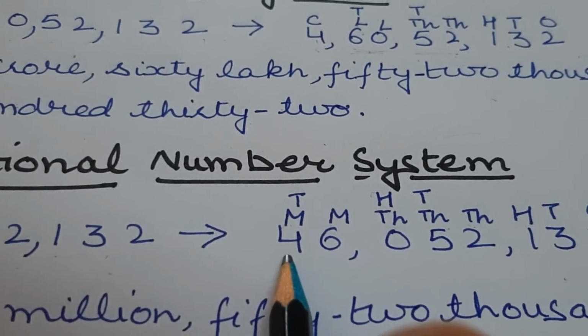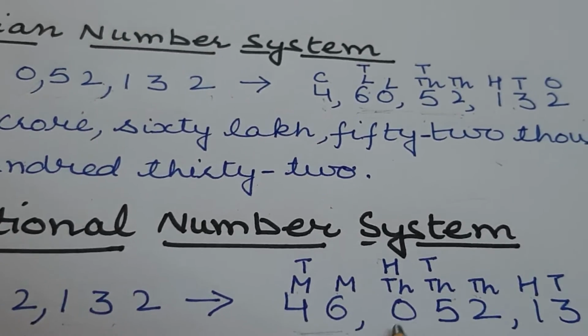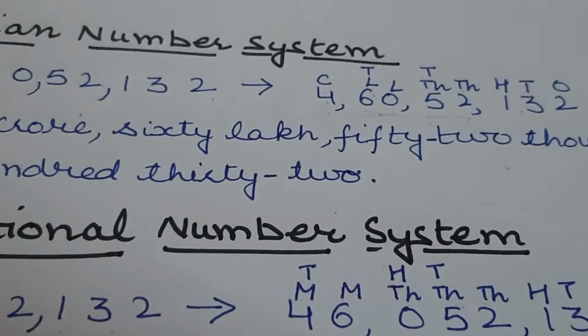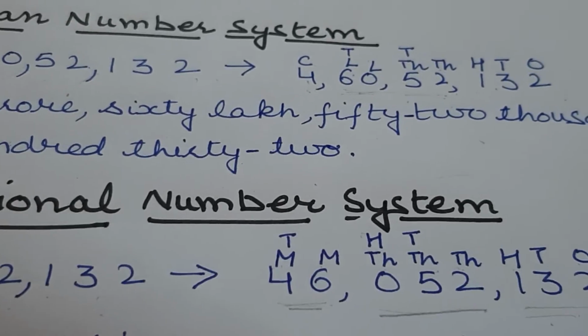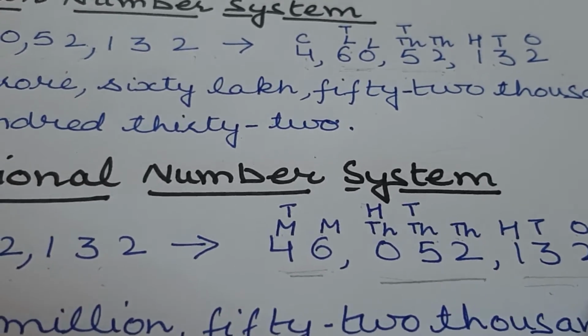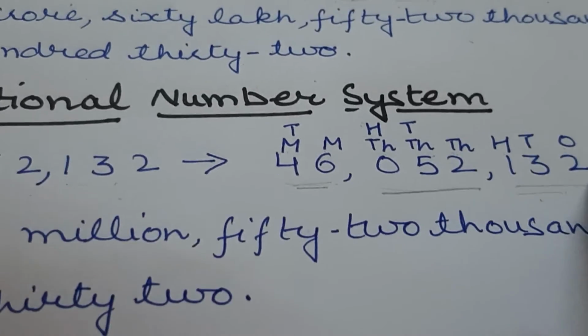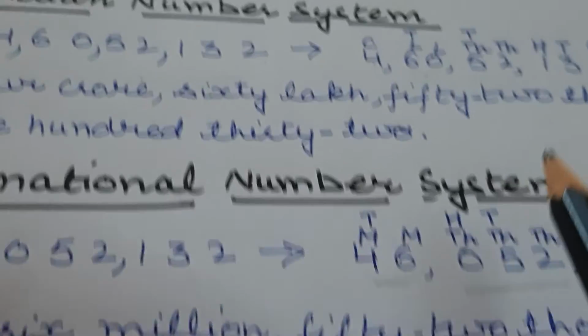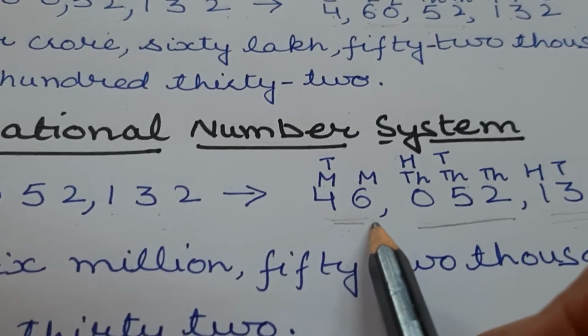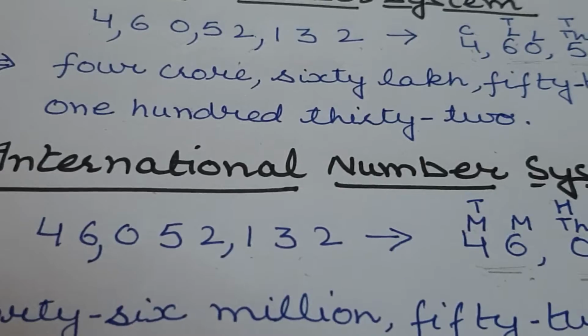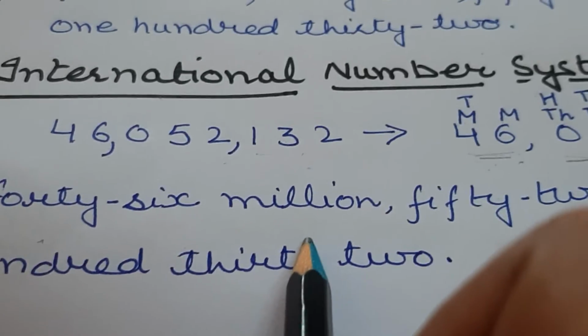Now you can see very clearly the different periods: it is the million period, the thousand period, and the ones period. Now we will write its name. In the first period, the million period, what is written? Only 46. So 46 million.